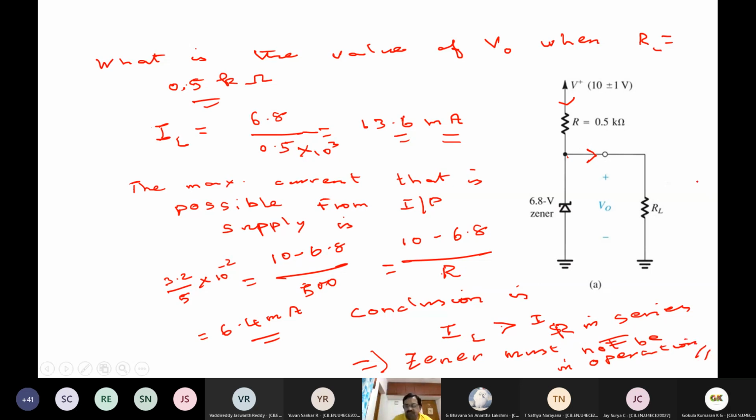Then only, because this is connected, but here you have this current over here. If this kind of current is there, that means the current must not be getting into the cathode; rather it should be going from here to here to have 13.6 here. So that is not possible, which means the Zener must not be in action and the Zener must be cut off.